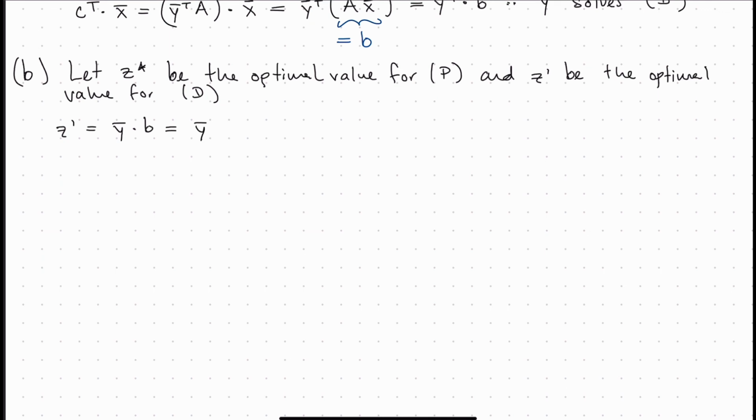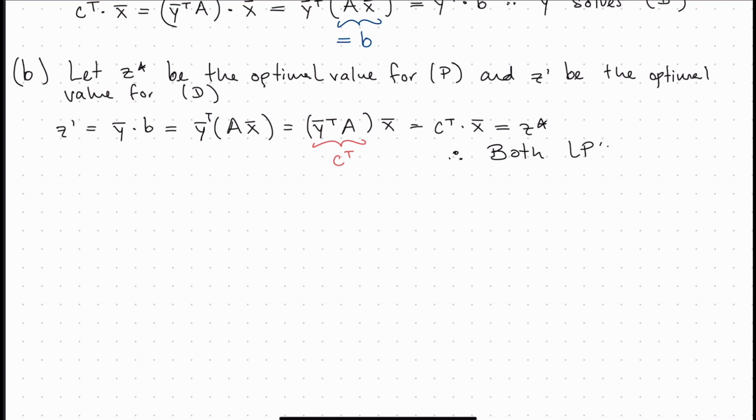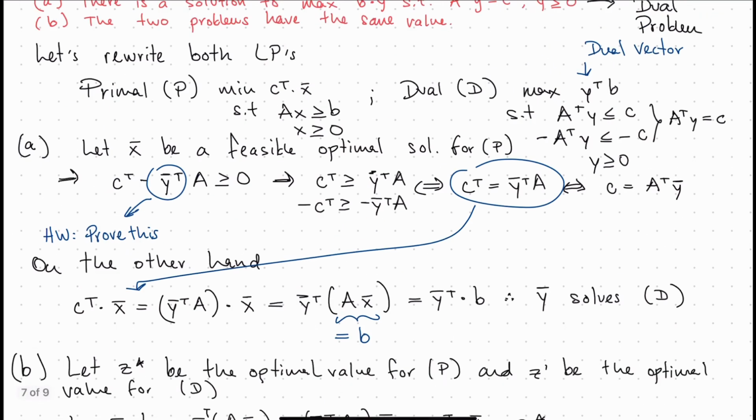That's equal to y transpose A x bar, and that's actually c transpose dot product x bar, which is equal to c star, and therefore both P and D have the same value. Great.